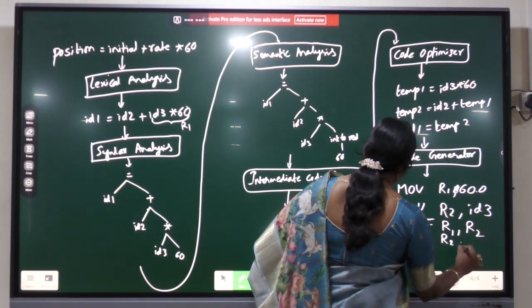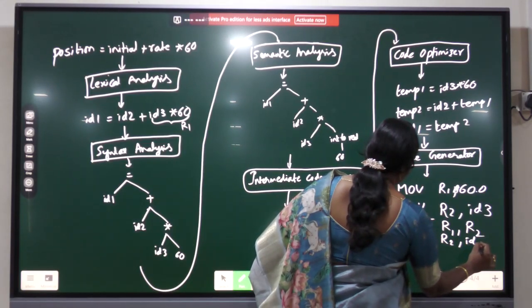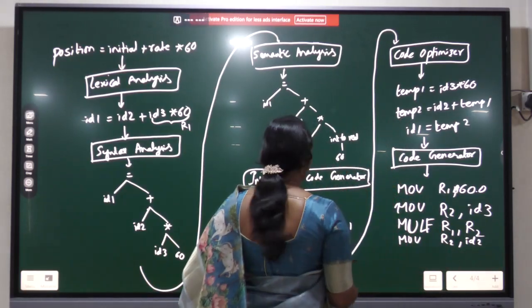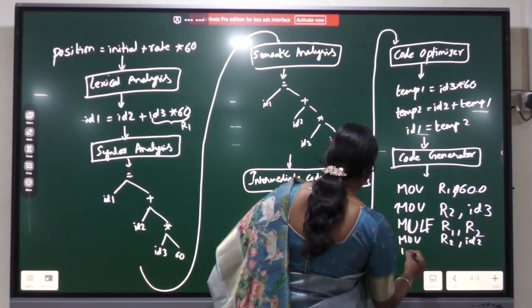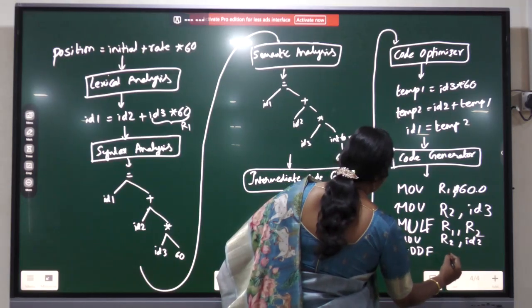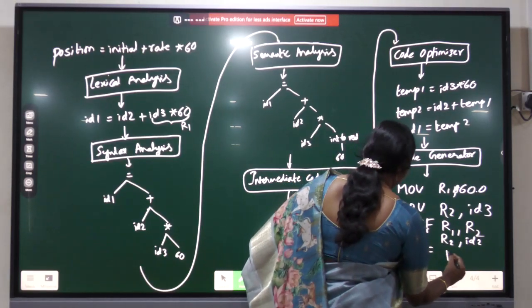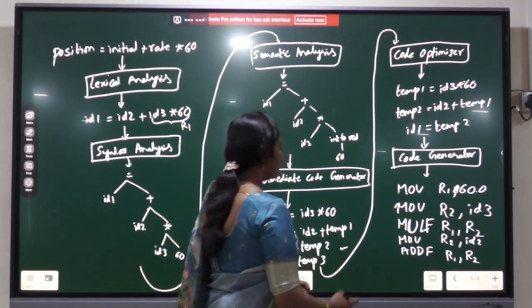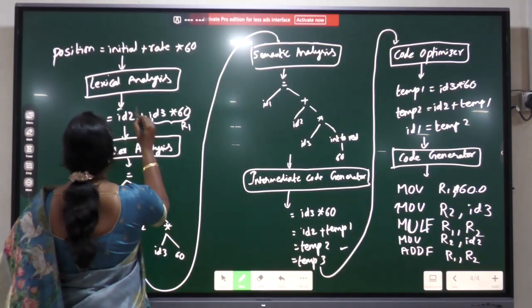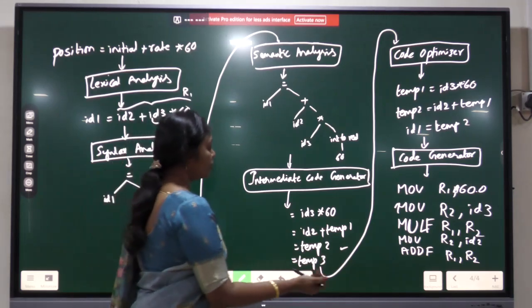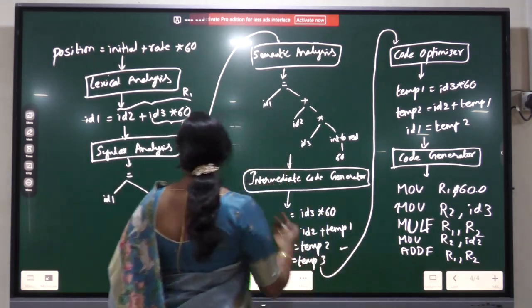So I have taken R2 again to take ID2. Now R2 contains ID2. So next again add R1 comma R2. Now this entire result is stored in R1. So now R1 is having the addition also.